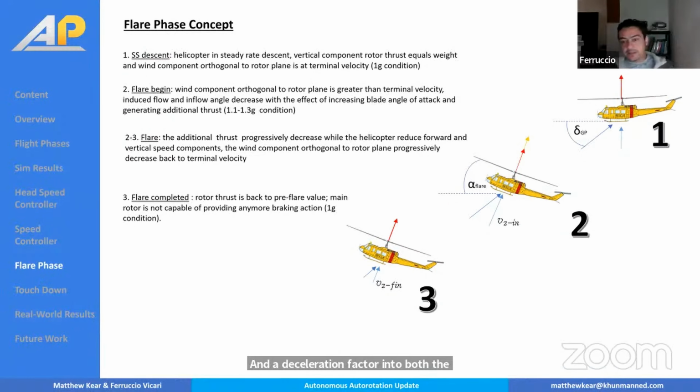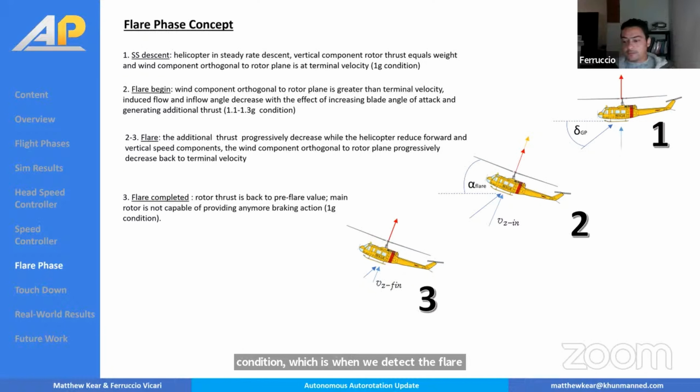As normally happens, this condition tends to soften the sink rate and come back to a new steady state condition, which is when we detect the flare complete case.